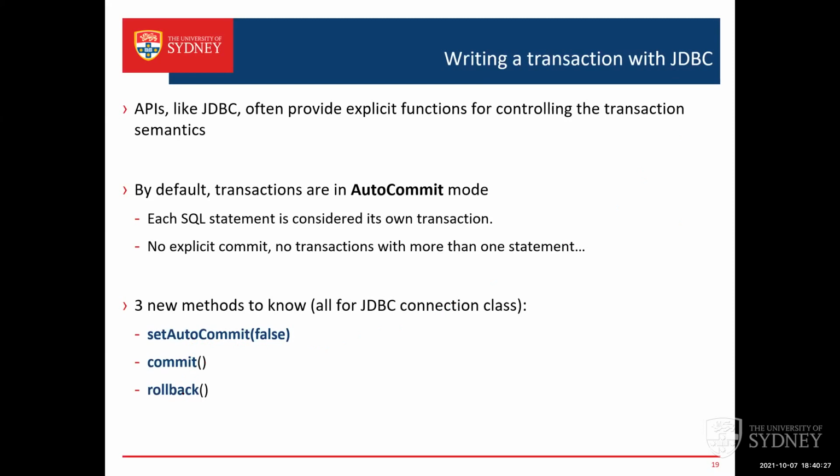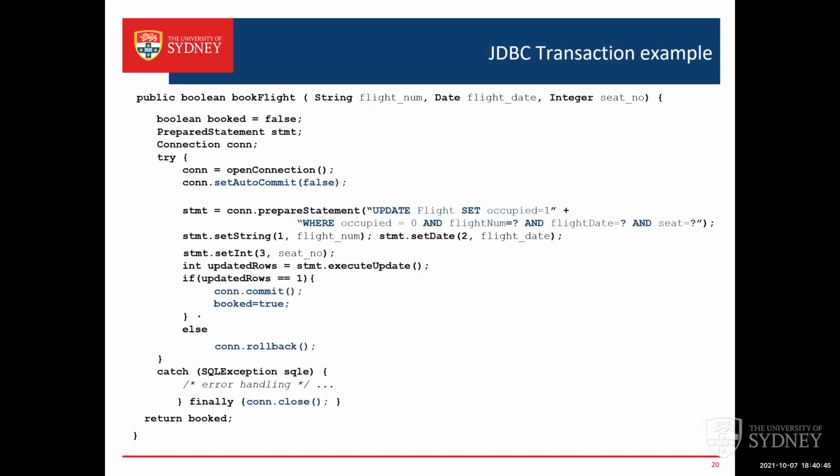Just looking at the method names, you can understand what they mean. Set auto commit true or false. If true, that means after every statement it will save everything. Commit and rollback: if you need to commit, this is the method you call. If you need to roll back, this is the one you call. So these are the 3 new lines that I have today.